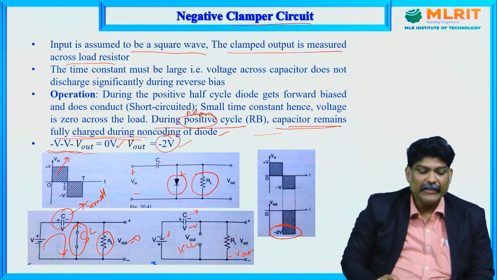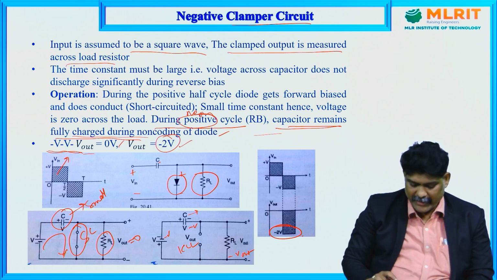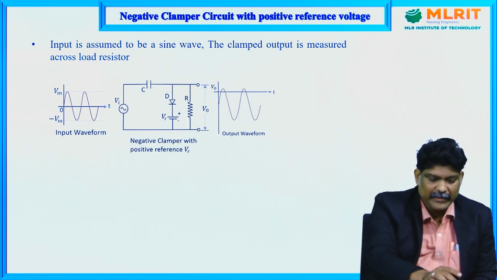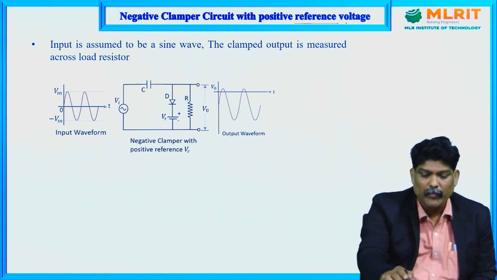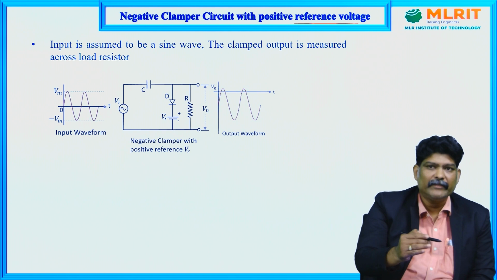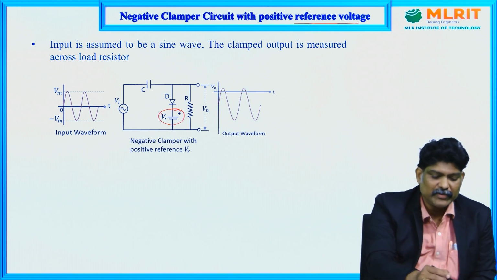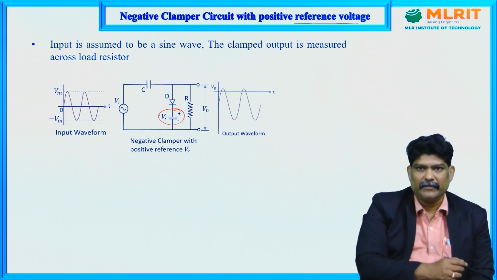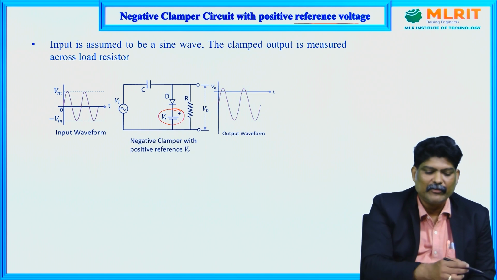Similarly, the negative clamper circuit can also be analyzed by applying different reference voltages. See here, a negative clamper with positive reference voltage. That means we have added some positive reference voltage to the negative clamper. So during this time, what happens?